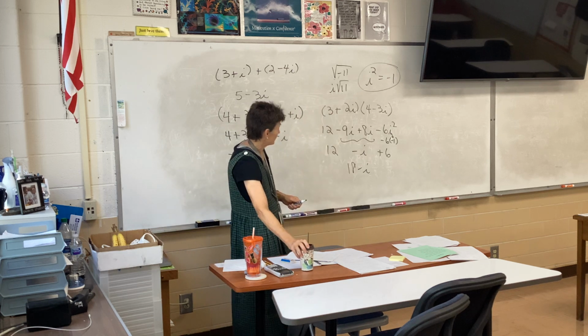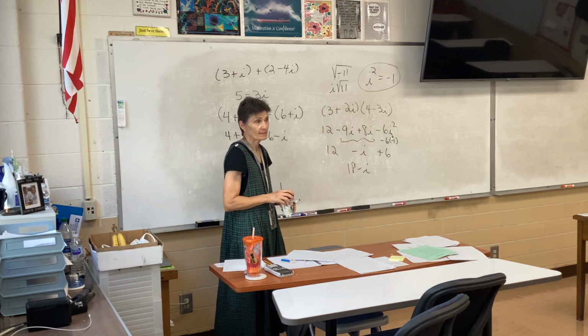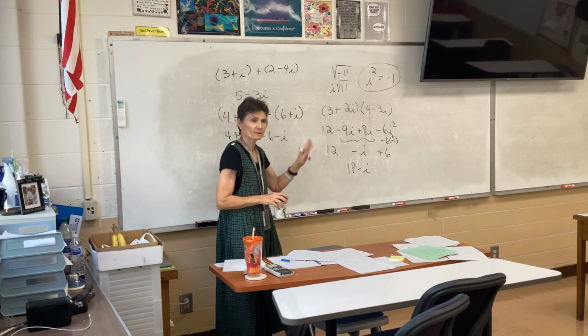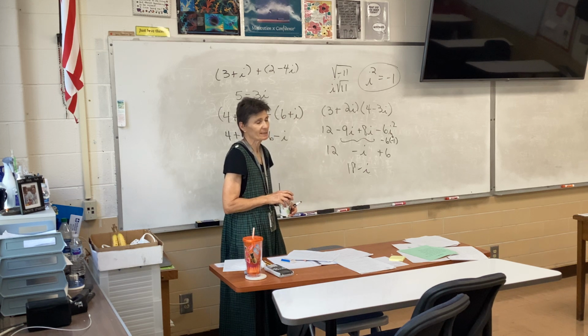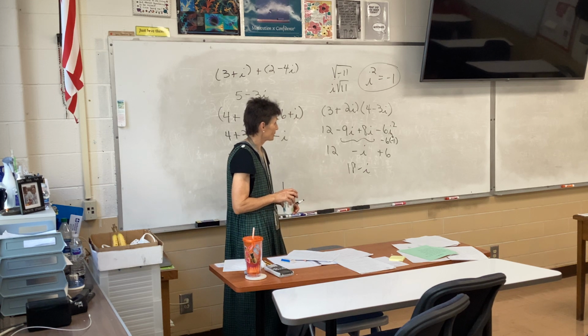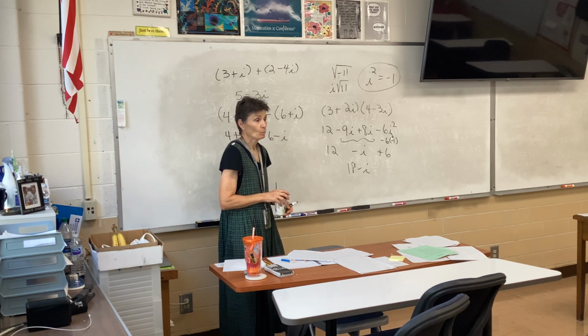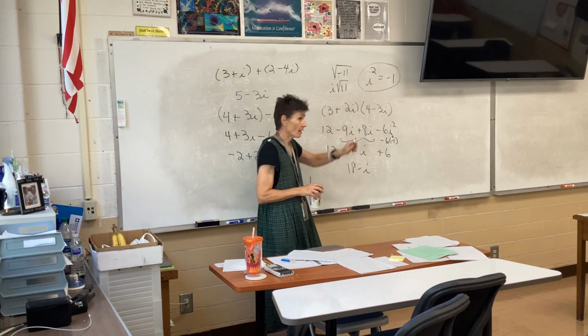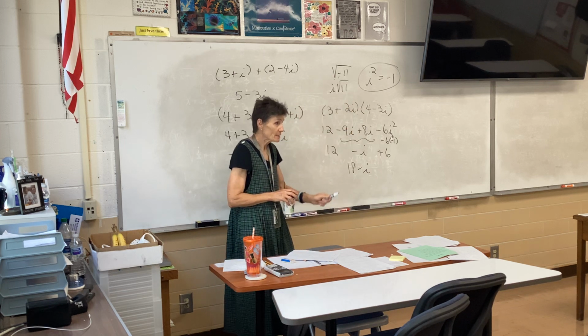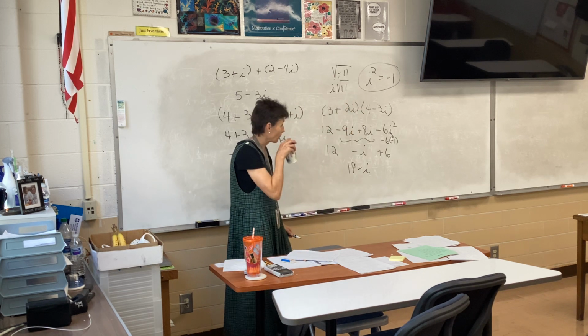If you put negative i plus 18, that's fine. We usually put the i last, but again, it really doesn't matter. So every time we see an i squared, we're going to make it a negative 1. All right, guys? Every time we see an i squared.